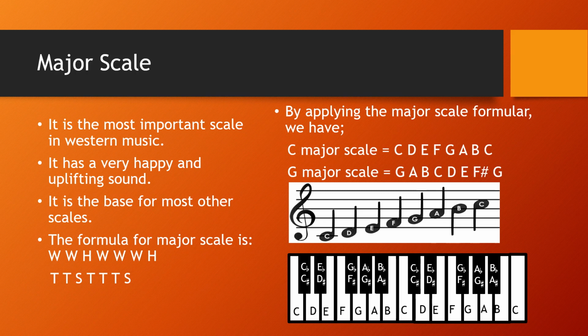Okay, let me explain using this diagram here. It's C, D, E, F, G, A, B, C. The first one stays whole. Whole means pick a key. This is, let's say, key of C. I've picked the key.